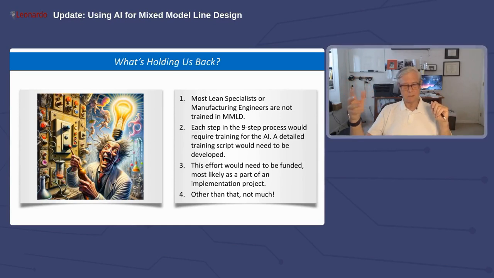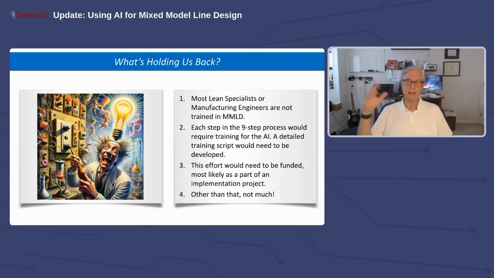It could be in the form of a long script, right? Describing all the considerations, things to think about, ways of doing things, formulas for calculating takt time and resources, et cetera, all the gotchas that can happen. All that needs to be documented and shared with the AI for training. That's the second thing that needs to happen.